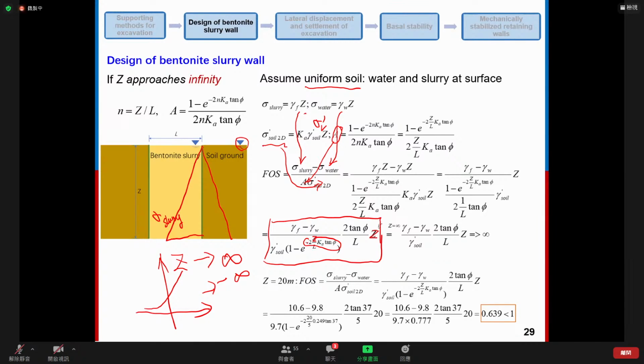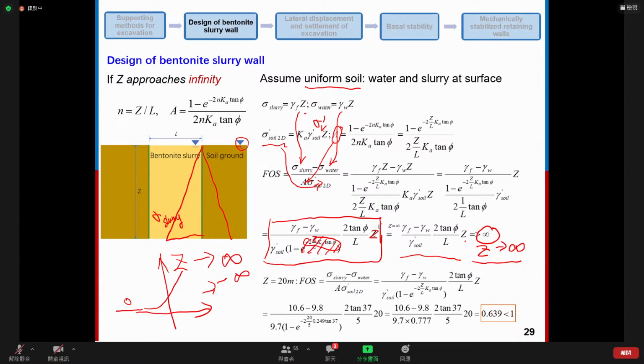So if this term is minus infinity, it means this function is approaching 0. So this term disappeared, and then we have this equation. And right now we have another depth here. If this depth turns to infinity, the factor of safety turns to infinity. Means at this level, the excavation is extremely safe.